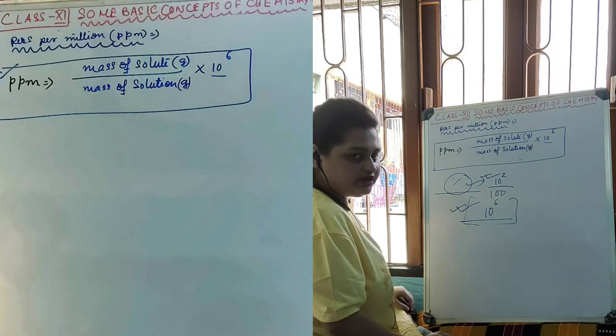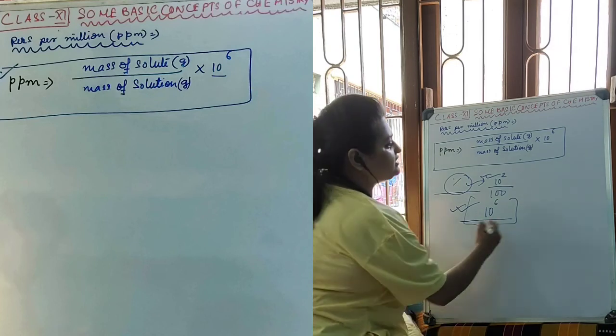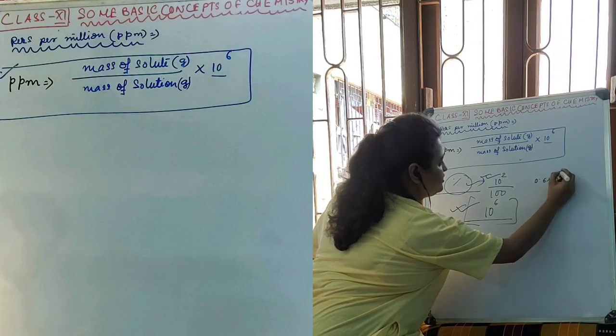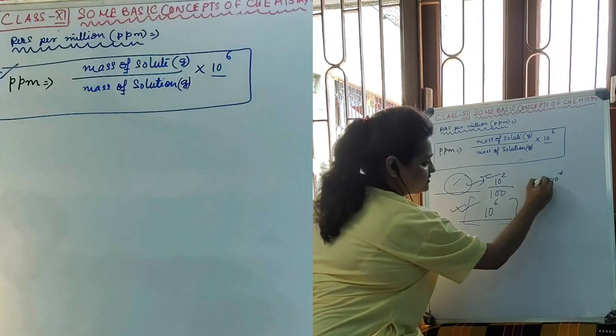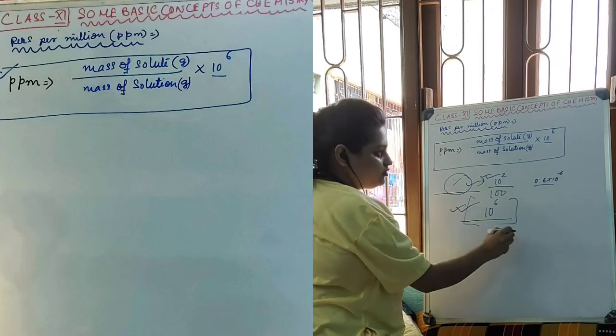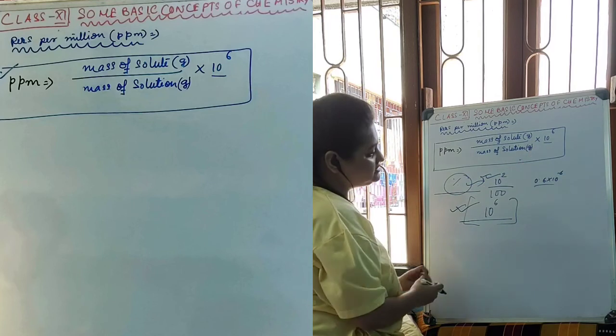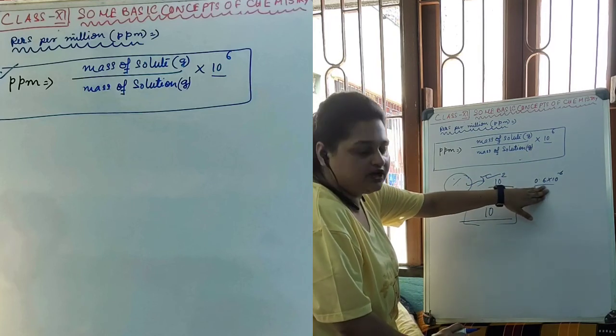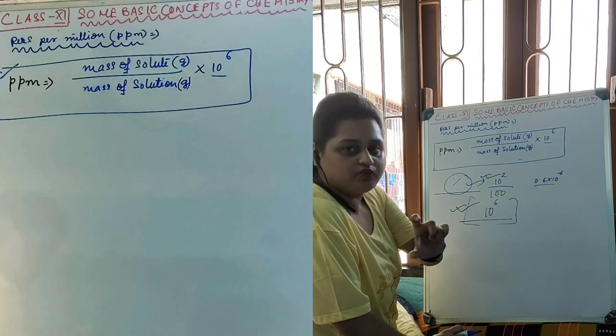That very diluted amount of arsenic will be represented as 0.6 into 10 to the power minus 6, meaning before the 6 there will be 6 zeros. That much minute amount of arsenic will be found in just one glass of water.